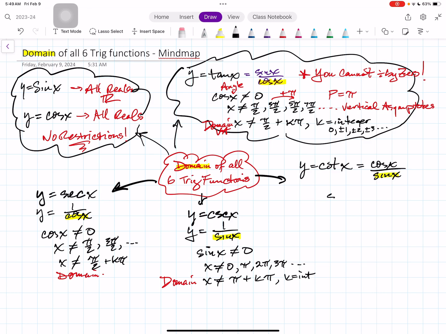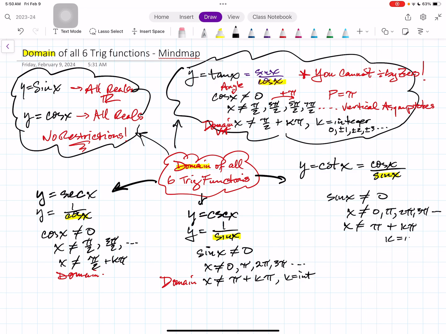So here, the denominator sine x cannot be equal to 0, which means that x cannot be equal to 0, pi, 2 pi, 3 pi, etc. So x cannot be equal to pi plus k pi, plus multiples of pi. You just keep adding pi, obviously. Pi, 2 pi, plus pi is 3 pi, and so on.